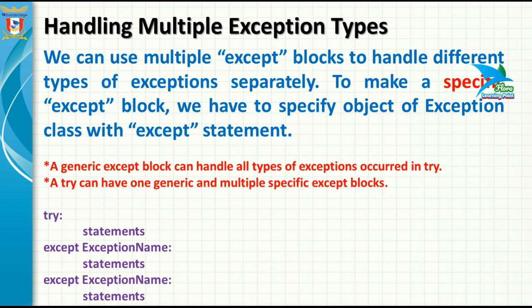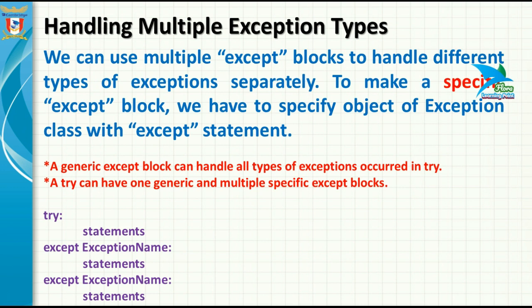But if you pass the object of an exception class, or you can say the type of that exception, with the except keyword, then that block is known as a specific except block, and it will be able to handle only the type of exception that you specify after the except keyword.